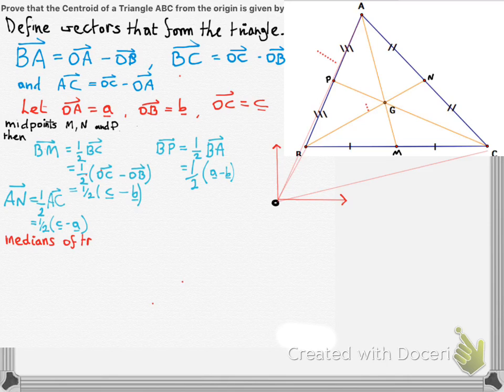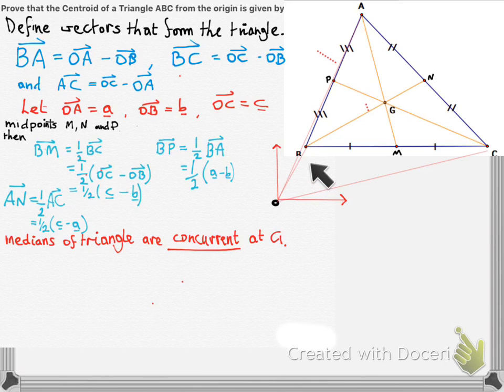Now, in doing this proof, in defining the centroid of a triangle ABC, this one here, we're after the position vector of O to G. This dot here, G, is your centroid. And it involves the assumption that the medians of the triangle, okay, now the median is the line originating from the vertice and intersecting right across the opposite midpoint.